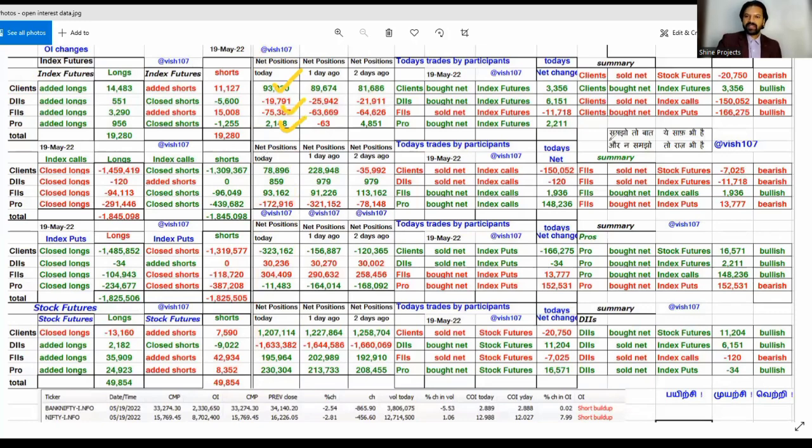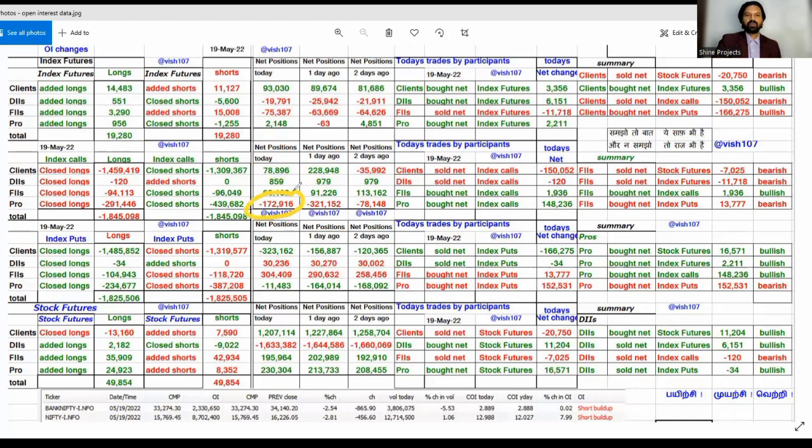The next thing is about calls. Let's look at what the call data is saying, the net positions with regards to the call data. Retail people are bullish, which is a negative. FIIs are also holding bullish contracts, but in consideration with the put data, which we will go through, this is slightly on the lower side.